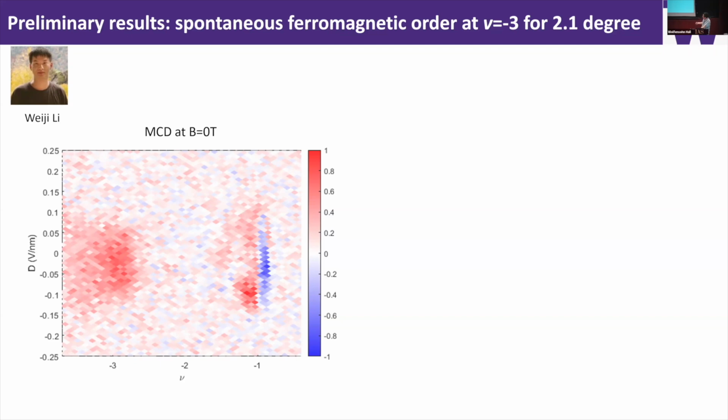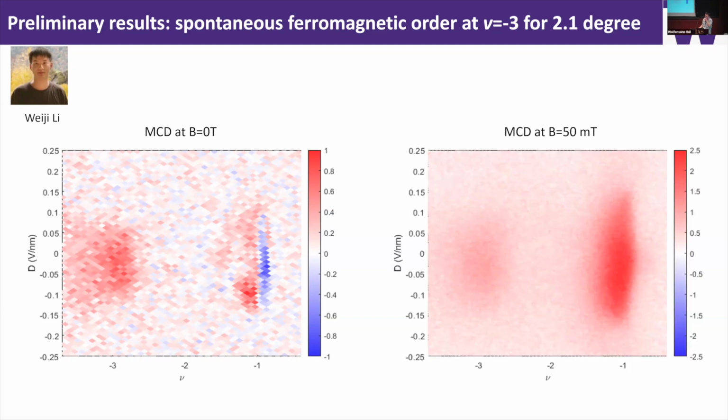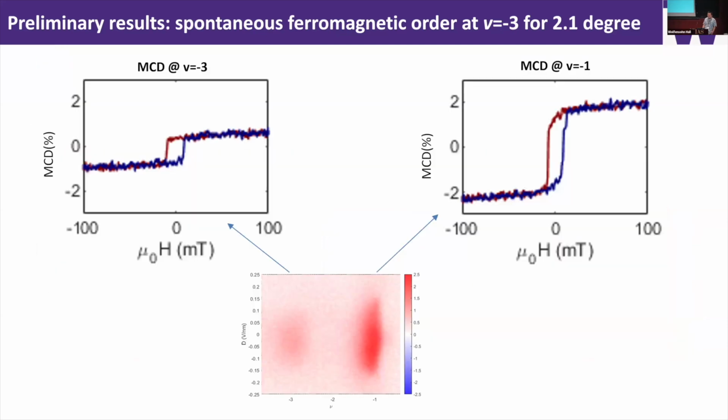The data actually shows that there's significant spin fluctuation in the system as we tune the carrier density. So we can suppress these spin fluctuations by doing the measurements again at 50 millitesla. Now you can see the data is much smoother, but it doesn't change the conclusion. There's ferromagnetism at filling factor -3 for the twist angle 2.1 degrees. To confirm that, we can perform these MCD measurements as a function of magnetic field.